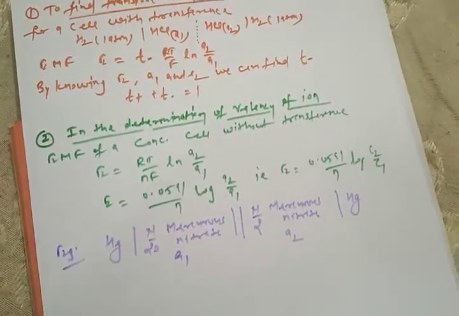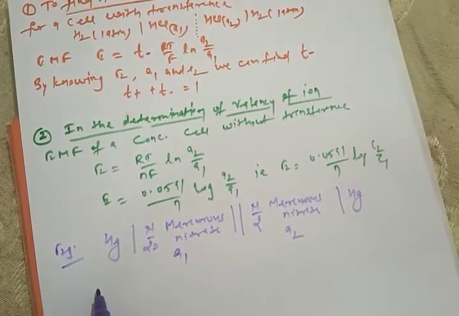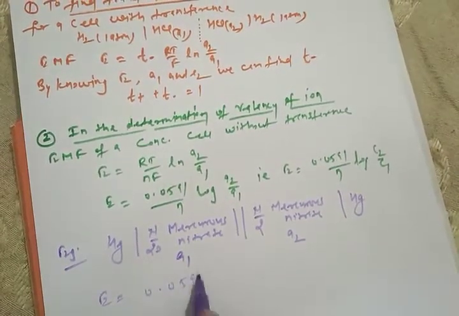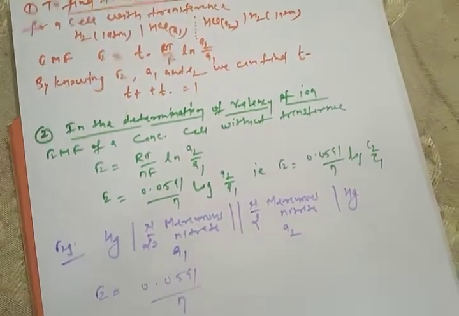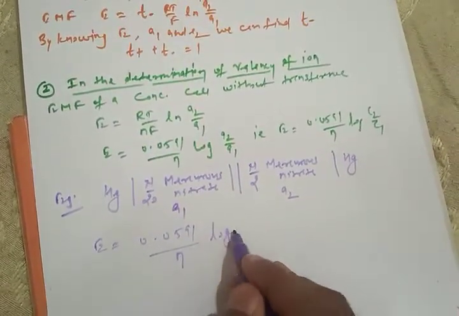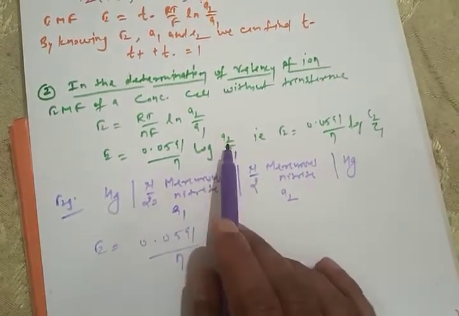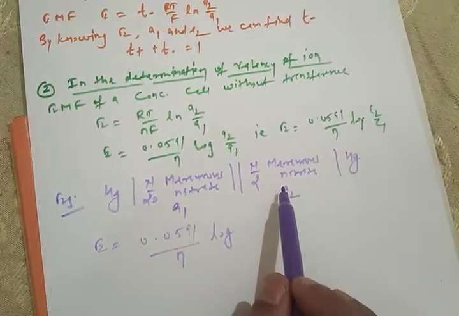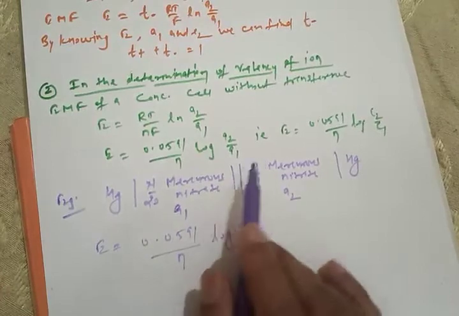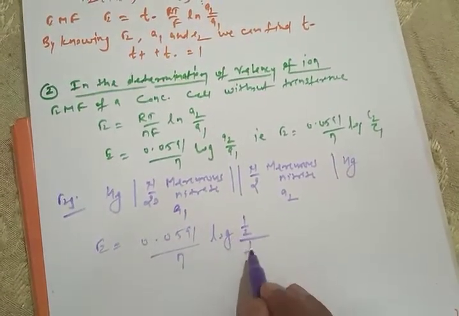Now nothing you have to do, only go for the EMF. So I'm going to write the EMF equation you have been given: E = 0.0591/n log A2/A1. So A2 is what? N/2. So I can write this as 1/2, and A1 is 1/20.